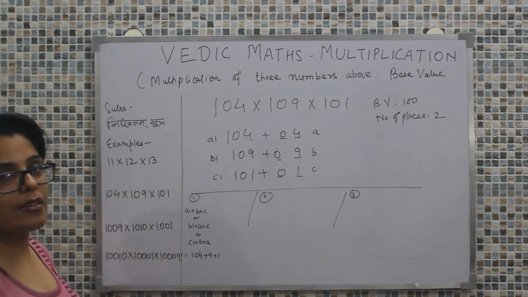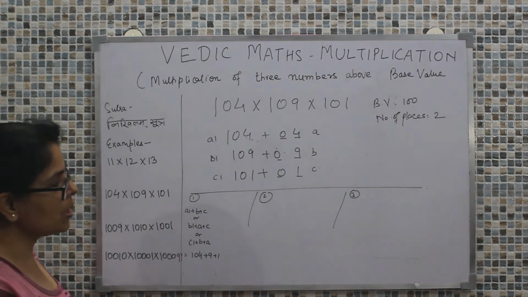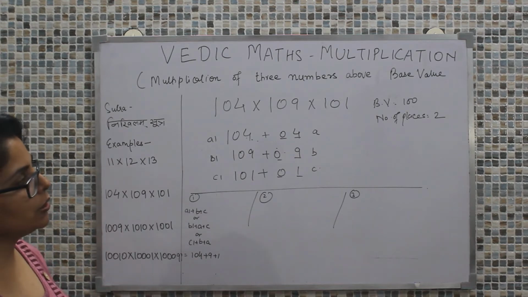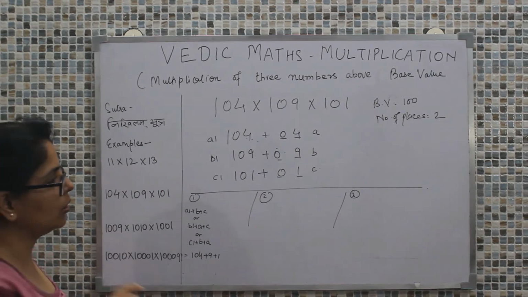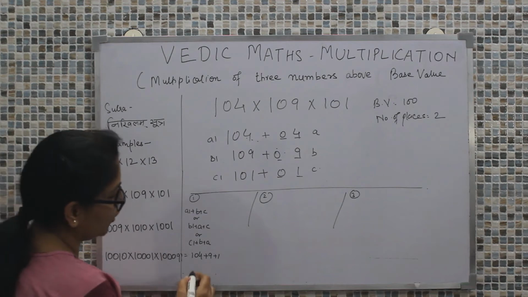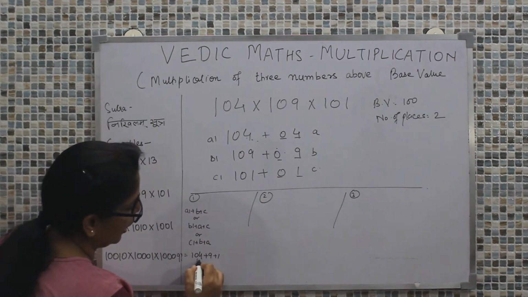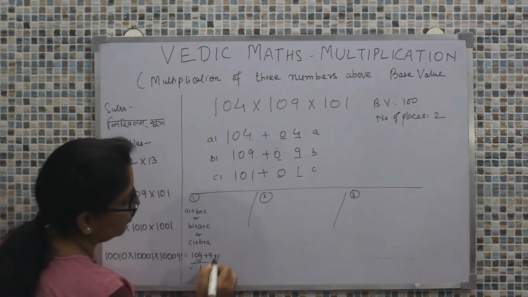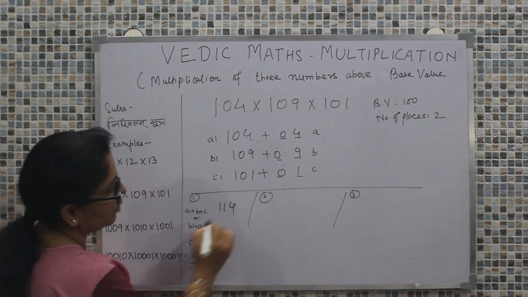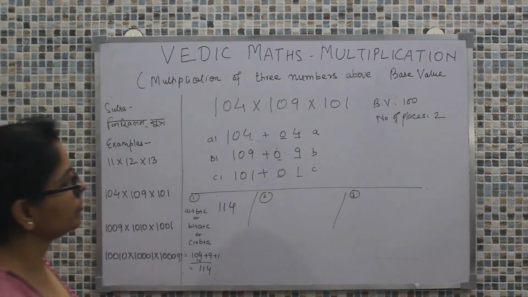For all the three cases, the answer needs to come the same. If the answer is mismatching, it means there is something wrong in the computation of the excess values. So here simply we add 10, here we get 114. So the first component will be 114.